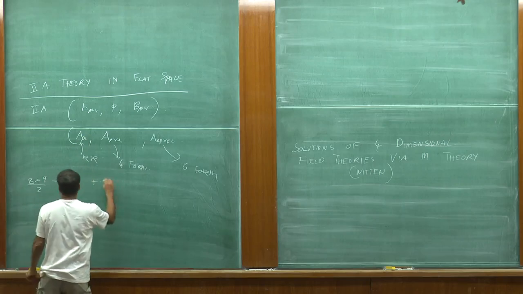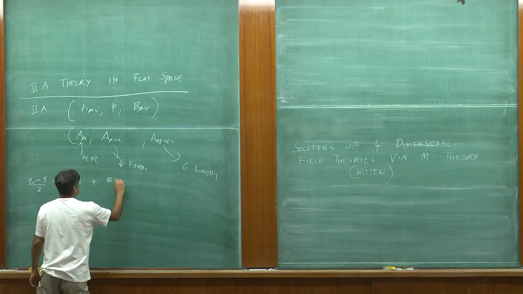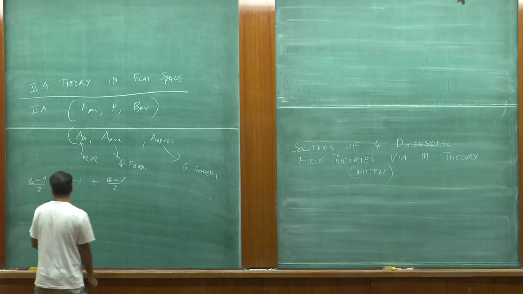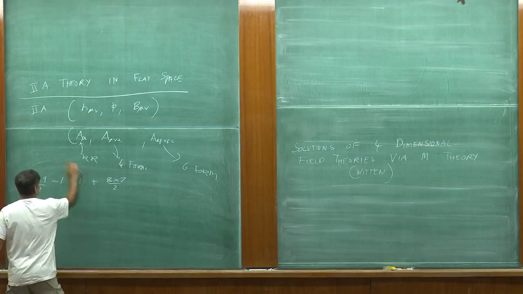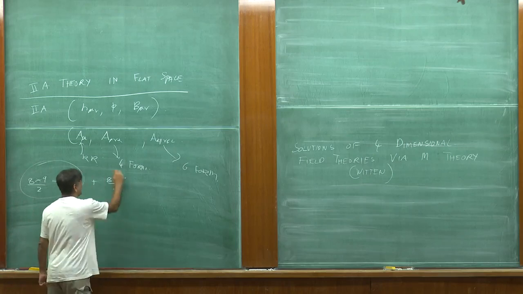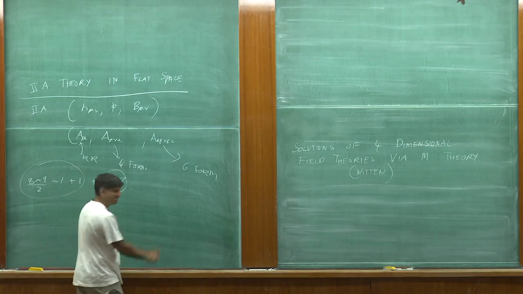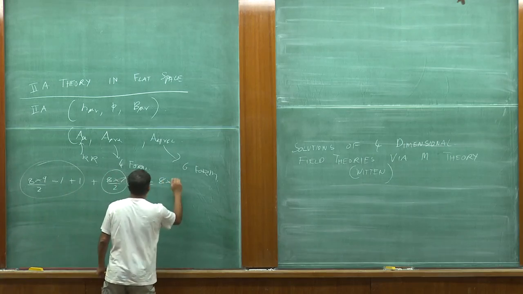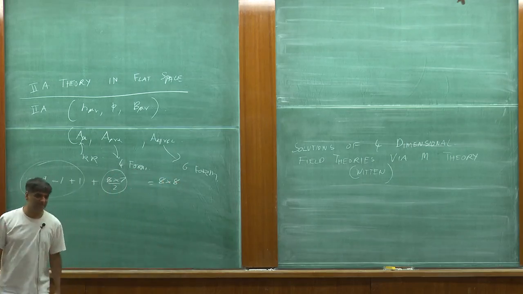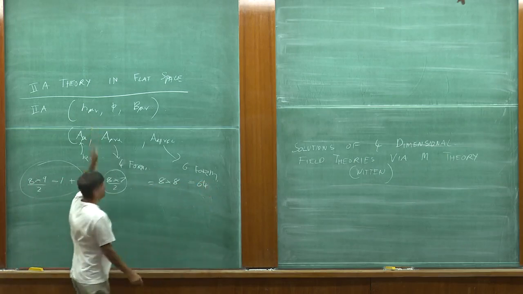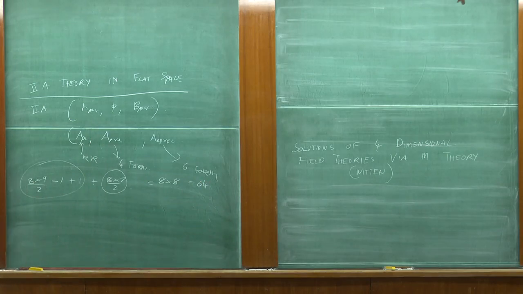And then there is 8 into 7 by 2. So the totally symmetric tensors and totally antisymmetric tensors together give all tensors. So that's 8 into 8, which is 64 degrees of freedom. This is from the NS-NS sector.